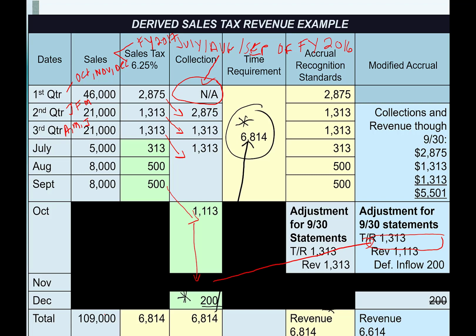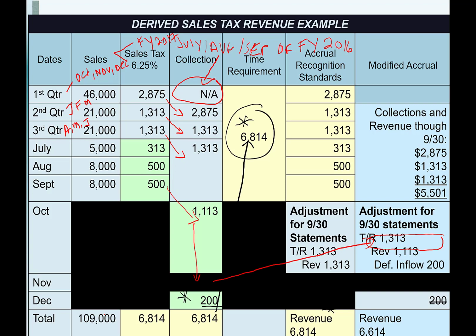For the modified accrual basis of accounting? So we pick that up as an accrual revenue. We pick it up for modified accrual purposes, don't we? Are we within 60 days of 2016 if we're still in 2016? Yes, we are, so we can count that as revenue both under modified accrual and full accrual.